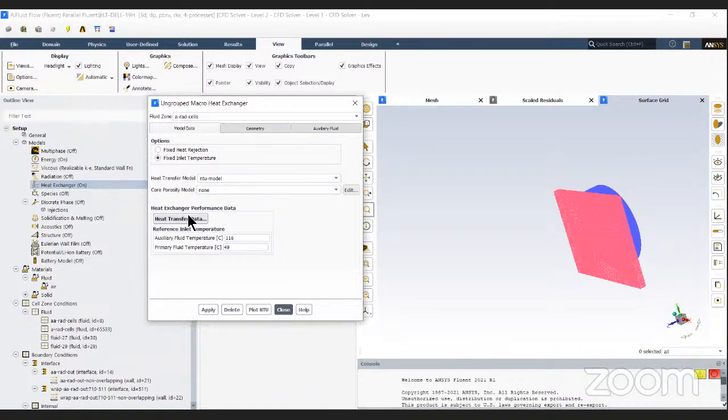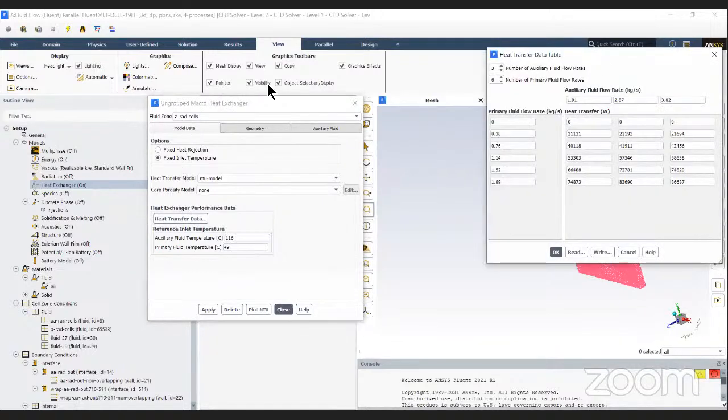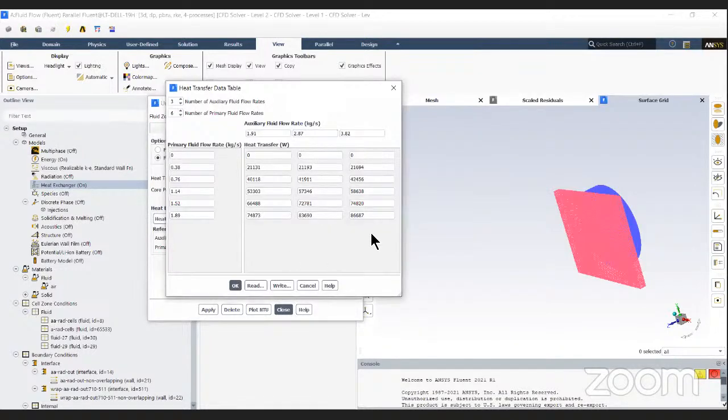And then you can actually enter the heat transfer data that I showed you earlier over here. So as long as you have this information and the flow rates available to you, you can go ahead and enter this data, right?